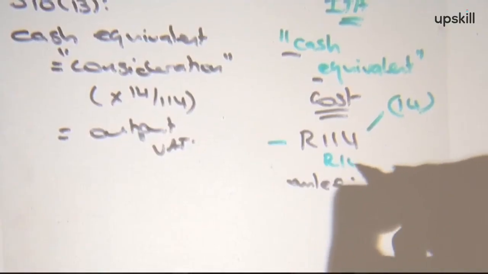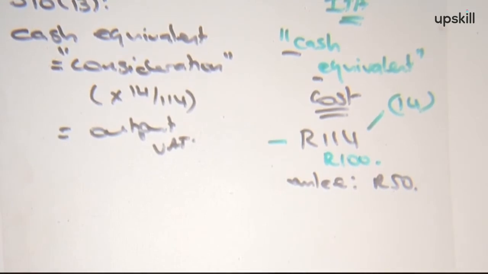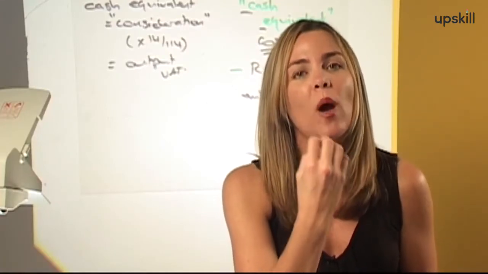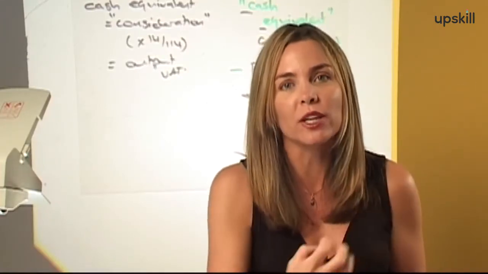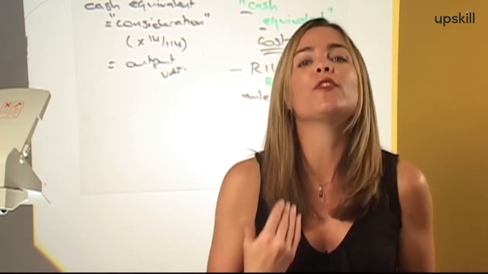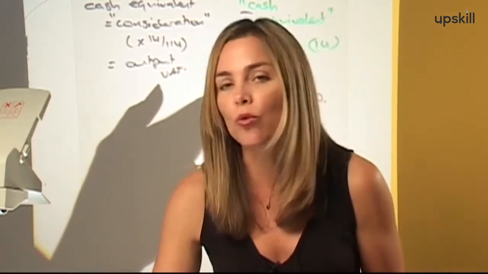So the cost to the employer of this computer is actually 100, because despite paying 114 for the computer, the employer has taken that 14 included in the 114 purchase price and claimed it back as input VAT. So the cost to the employer of this computer is 100.